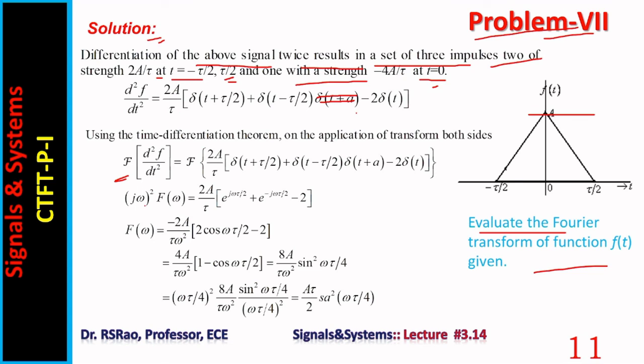It results in (j omega) whole square F of omega on the left side, and the right side is equal to 2a by tau times [e power j omega tau by 2 plus e power minus j omega tau by 2 minus 2]. (j omega) square can be carried to the right side and the right hand side can be manipulated to get F of omega as a tau by 2 times the sample function square of omega tau by 4.